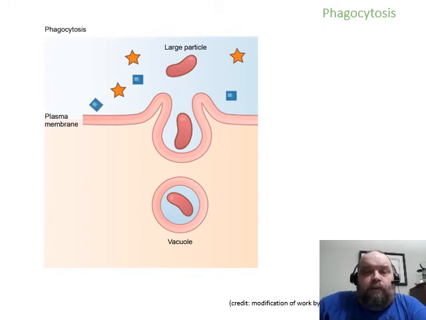That lipid bubble we call a vacuole. The vacuole will fuse with lysosomes. Remember, lysosomes are little small vesicles, small bubbles that are filled with digestive enzymes. So this way, that particle will be broken down into individual amino acids, individual sugars, and things like that to be used by the cell.